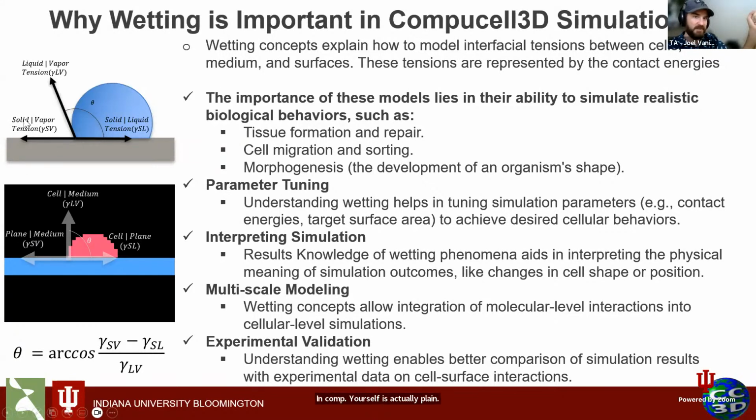The solid vapor is the same as the plane medium contact energy minus the solid versus liquid contact energy, or cell plane contact energy here, which is this tension, divided by the liquid and the vapor, which is the cell medium contact energy in this case. Okay, I see.